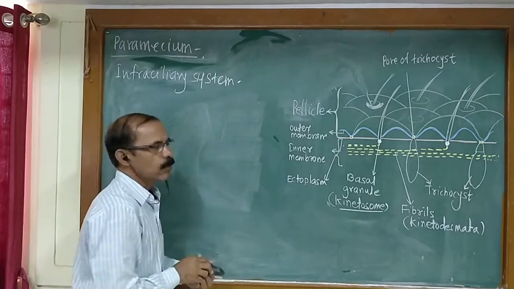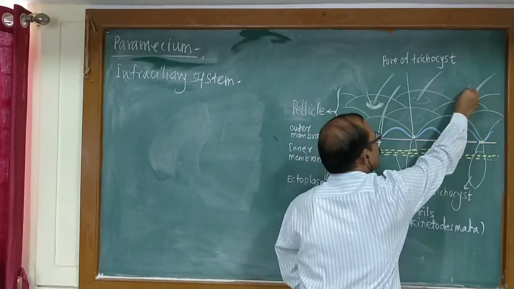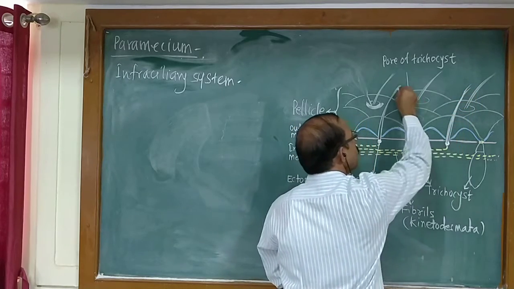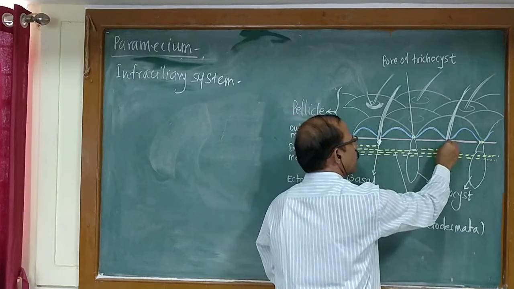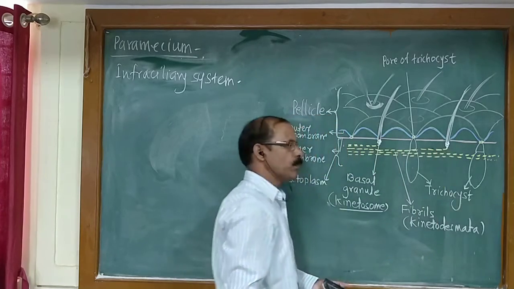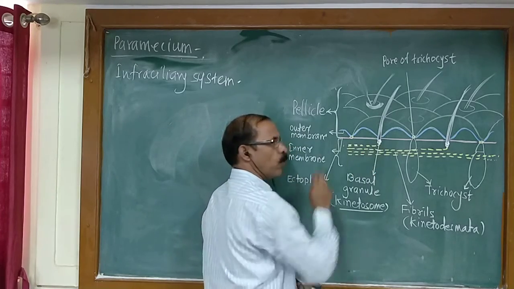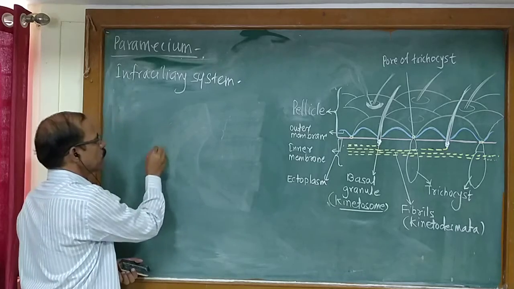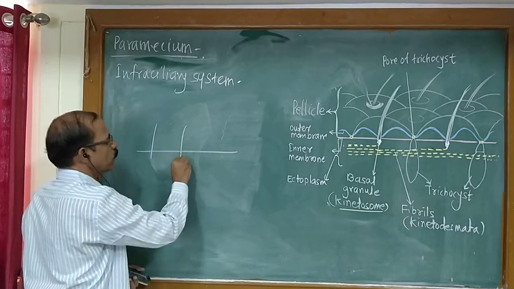One is the basal body of cilia. This is a single cilium. As we studied the structure of cilium in the last lecture, each cilium consists of a basal body of cilia. Suppose this is the pellicle and this is a cilium.